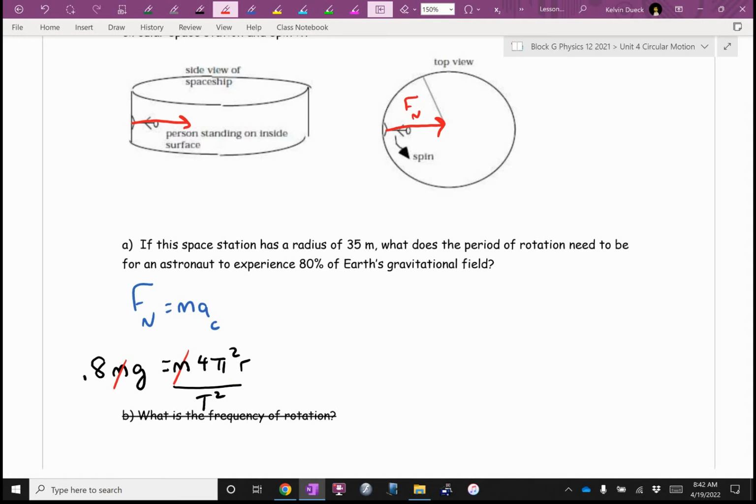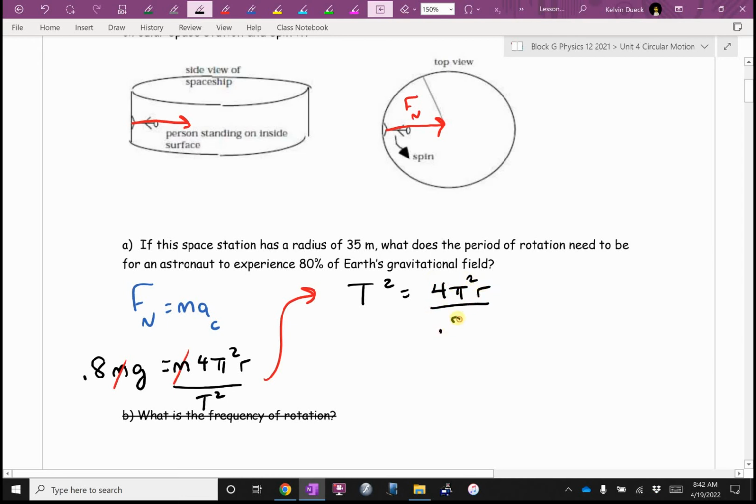Here they want me to get the T squared by itself, or the T by itself. Where is the T right now? On the bottom. But stuff can move diagonally. This is 1 fraction equals 1 fraction. It's actually 0.8 g over 1. So I can rewrite this as T squared equals 4 pi squared r over 0.8 g.